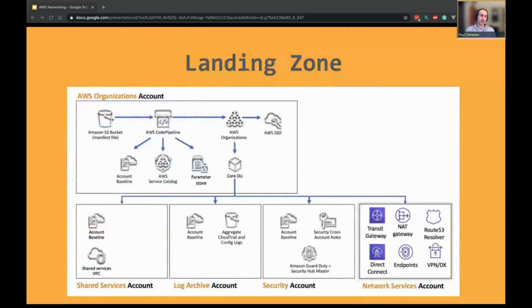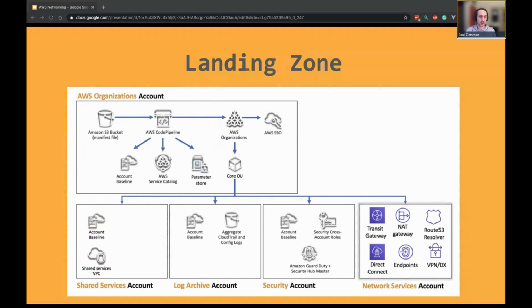So getting into networking, before you can fully understand how we do networking in AWS, it's quite important to know how enterprises structure their AWS environments. I work in an enterprise environment. So there's a thing called the landing zone. A landing zone is just a concept. You can achieve a landing zone through rolling it yourself.